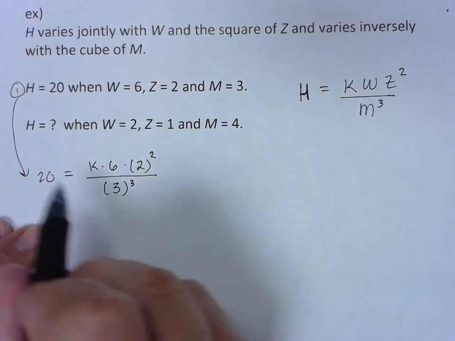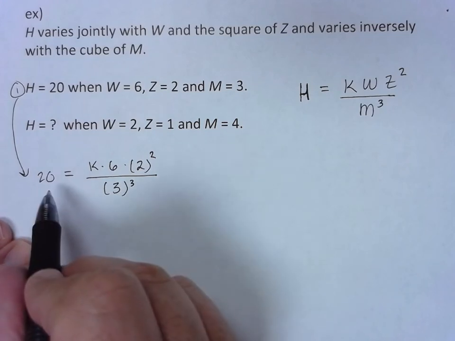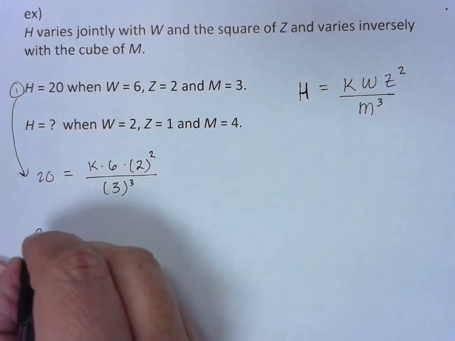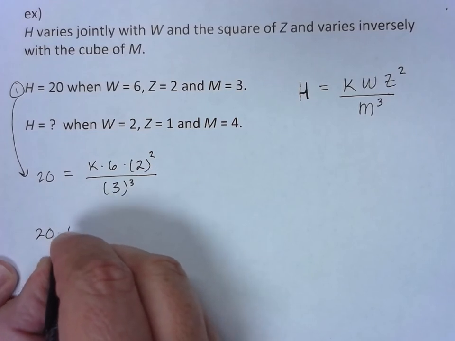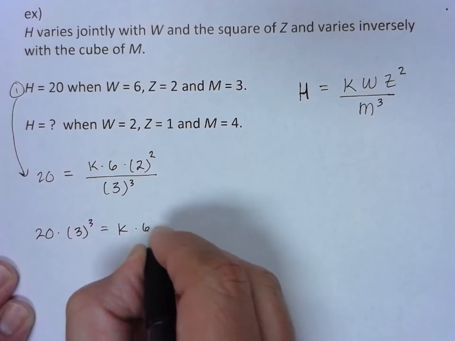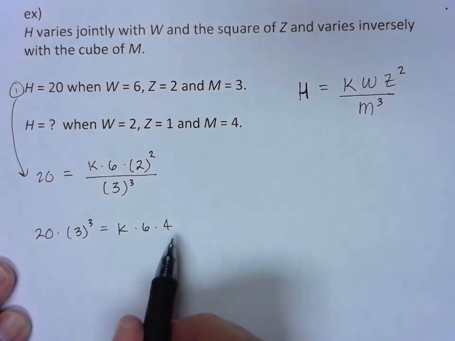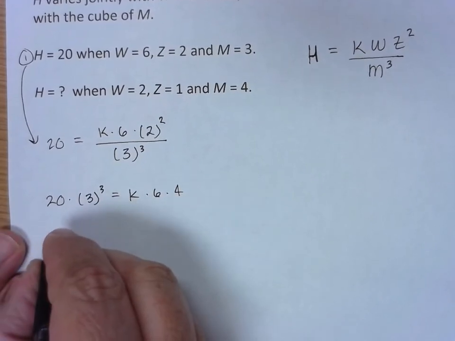So notice you can do some cross multiplying and cross dividing here. Cross multiply by the 3 to the 3rd. That's going to give me 20 times 3 to the 3rd equals k times 6 times, I'm going to go ahead and make that a 4. So then divide both sides by 24 to get k by itself.